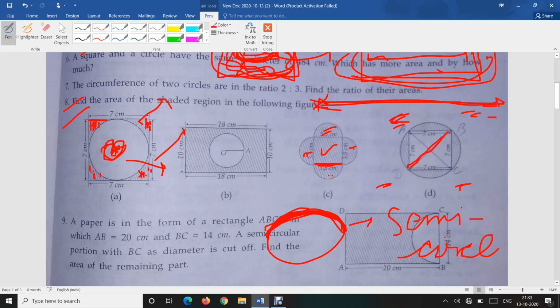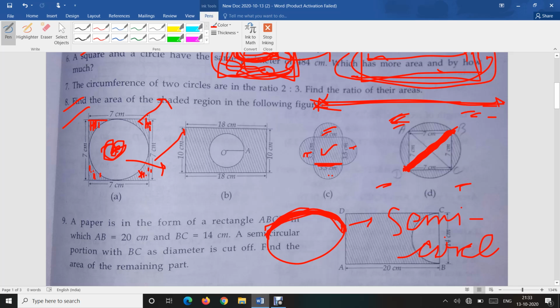So this diagonal, which touches the edge of the circle from here to here, is the diameter of this circle. This is also the diagonal of the square. So if we find the diagonal of the square, then it will also be the diameter of this circle, and after that we can find the area of the circle easily.